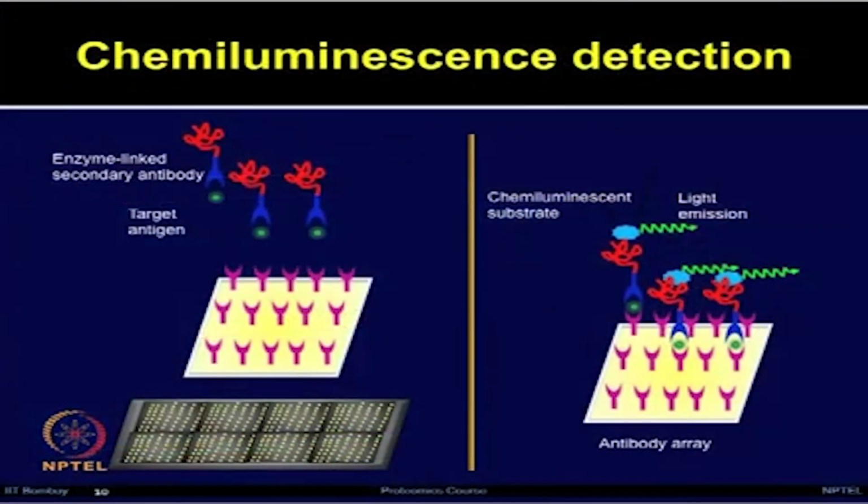molecules. In the chemiluminescence detection system, the antigen of interest binds to the corresponding antibodies which are coated on the microarray surface. The microarrays can then be probed by an enzyme linked secondary antibody which recognizes a different epitope on the same antigen.